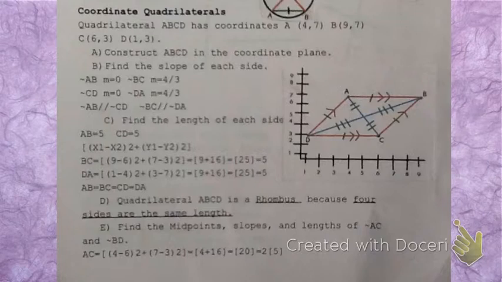Alright, now it asks to find the length of each side. To do that, you would have to do rise over run, which this is rise and this is run. So you've got that AB is equal to 5 and CD is equal to 5. And to find all of them, you would have to plug them into this equation right here, which is the square root of (x1 minus x2) squared plus (y1 minus y2) squared.